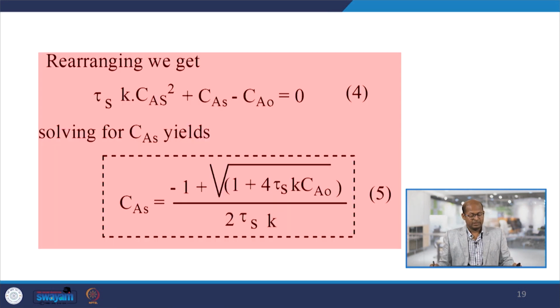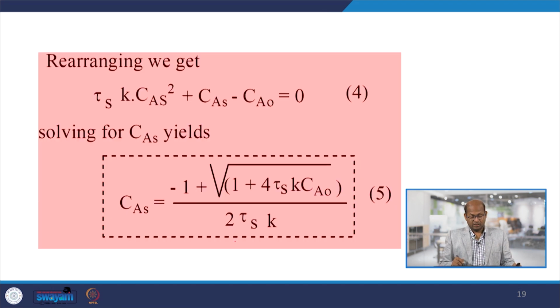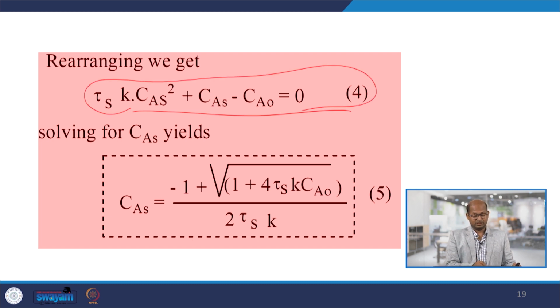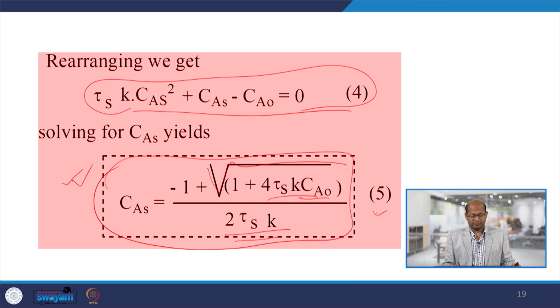Now we rearrange and simplify equation 3, and after that we can get Cas equals minus 1 plus square root of 1 plus 4 tau s k Ca naught, divided by 2 tau s k. So, equation 5 we can develop from equation 3.